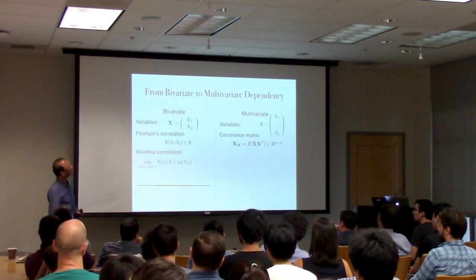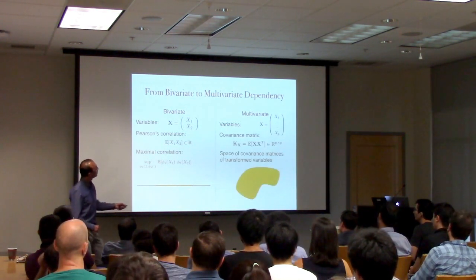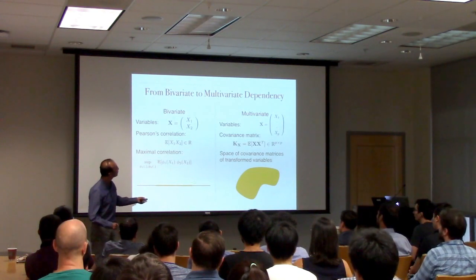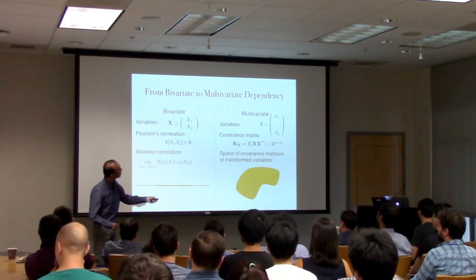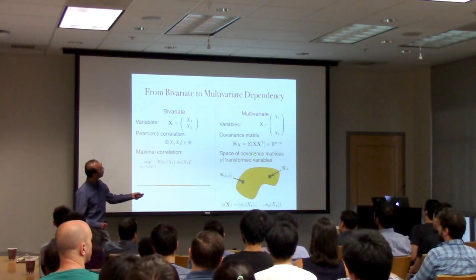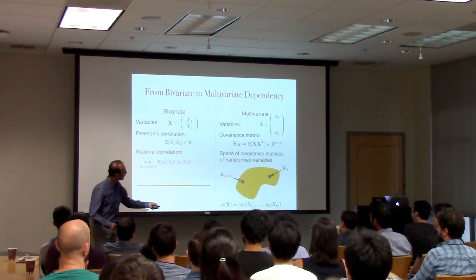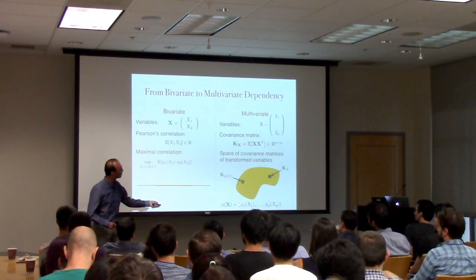for p variables. Because now I can think of this line as no longer a line, but I can look at the space of all covariance matrices. So in other words, I take a function of x, component-wise.